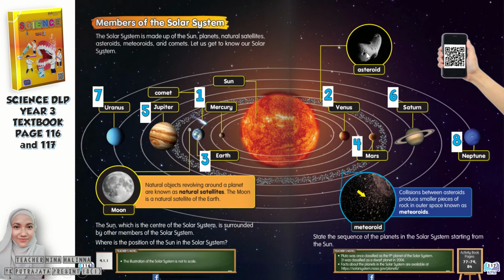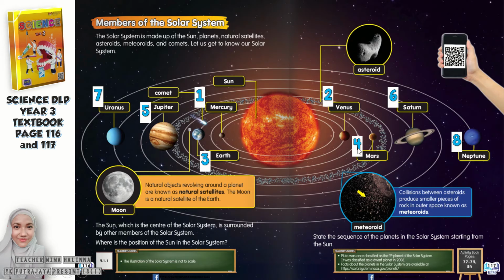So if you see here, there are a lot of asteroids and meteoroids, and this part between Mars and Jupiter, we call this space the asteroid belt. Belt, like the one we wear around our waist. So this is just like it.